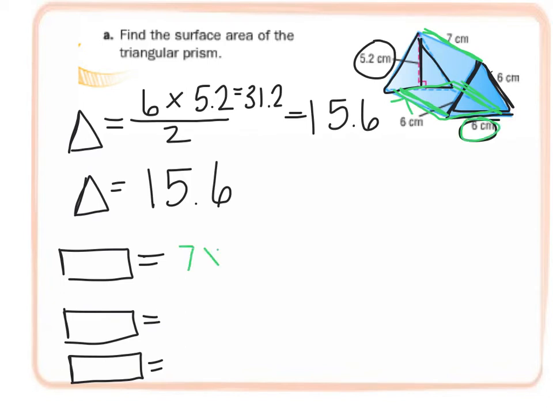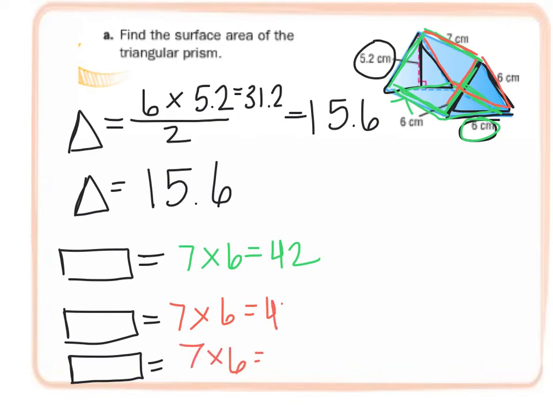So I have 7 times 6, and that equals 42. If I look at my side one here, I have that same 7, and then this side one is 6, so I have 7 times 6 again. You're going to see that it makes the same pattern. I do 7 times 6 again and get 42.